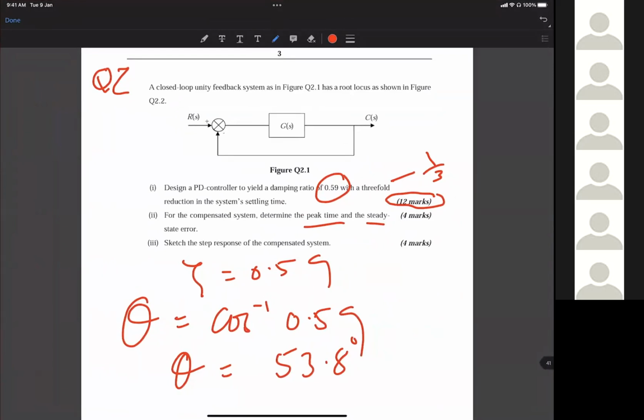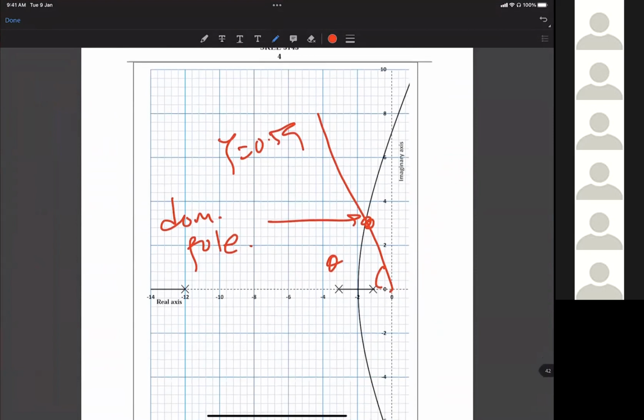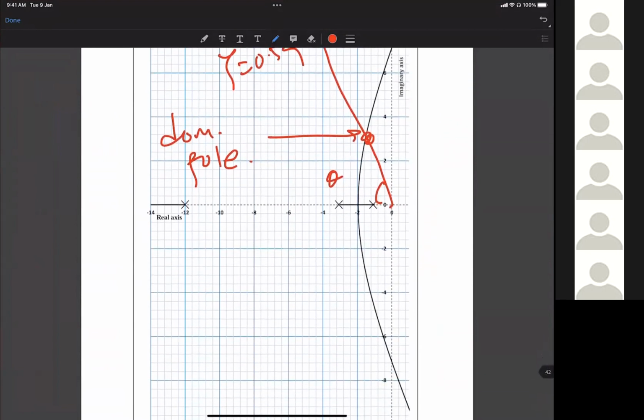Safwana. System type. Safwana. Safwana tak datang. Haris, Haikal. Yes, Doctor.